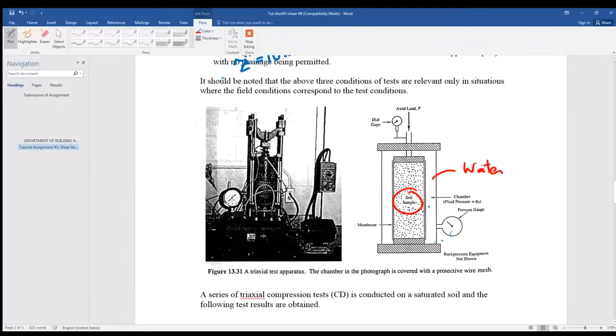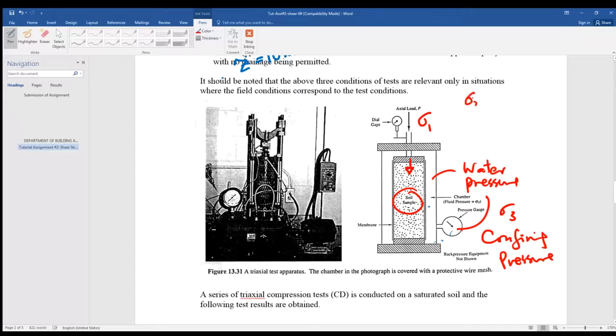Inside the tank, water pressure. Now that gives you the confining pressure, sigma 3, right? Confining pressure. Okay, and then you apply the load from the top, right? So it's going to be moving down. So that gives you the vertical stress, right? Sigma 1, the vertical stress.